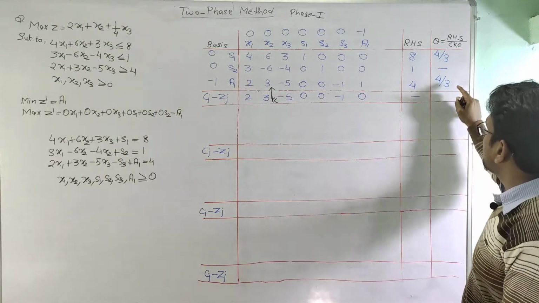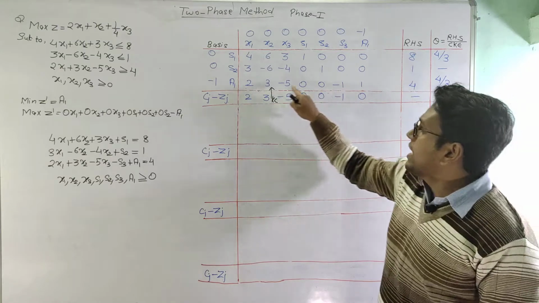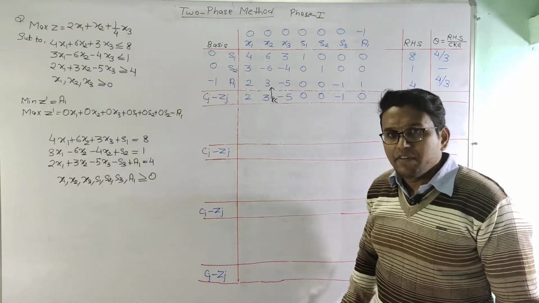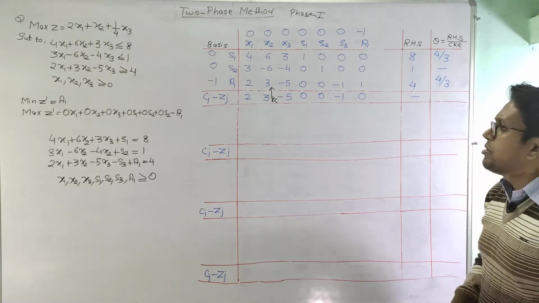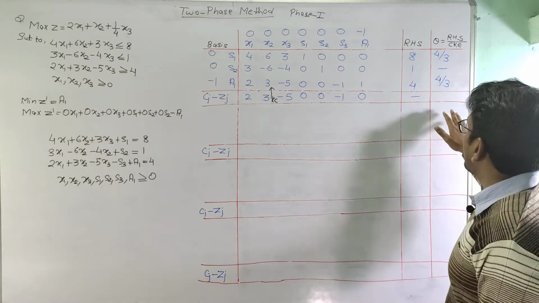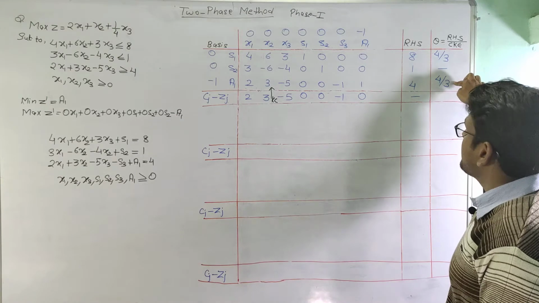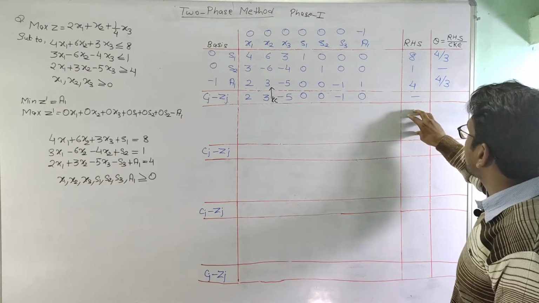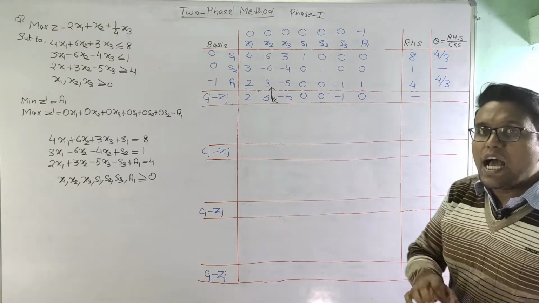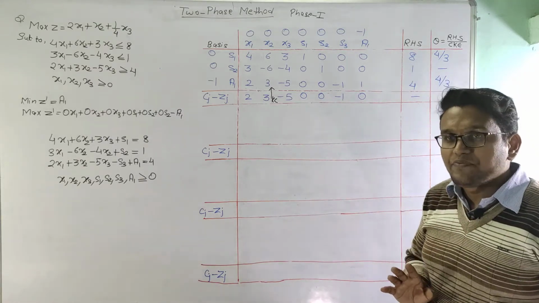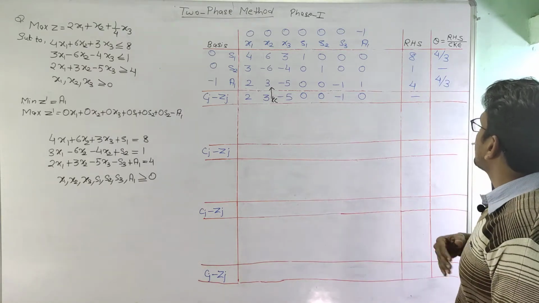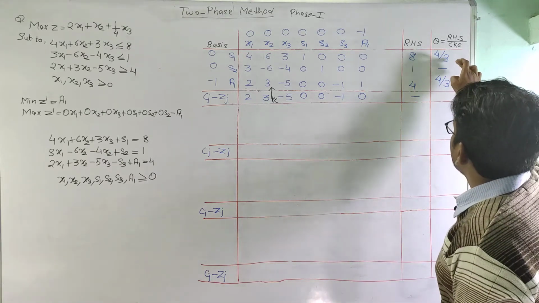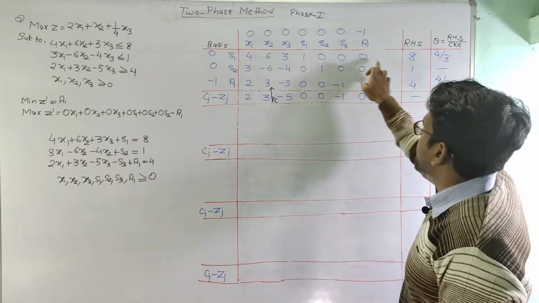So generally we will select this as our pivot row, and we will replace artificial variable A1. But we can also see that whichever variable we select, it is compulsory that in the next iteration the other variable will have 0 right hand side value. So now we will select the other variable S1.